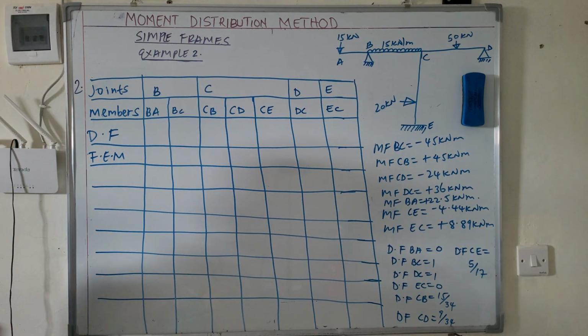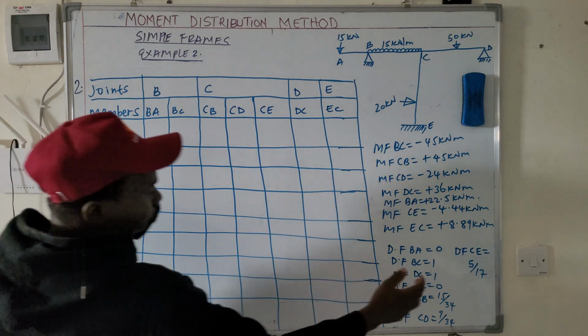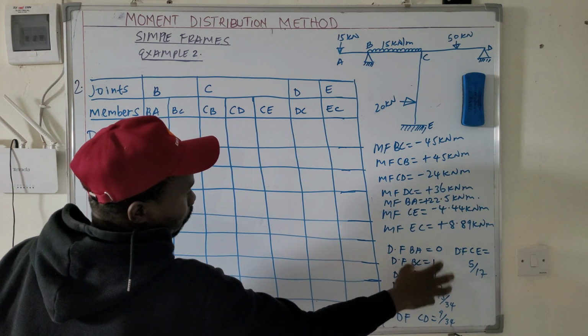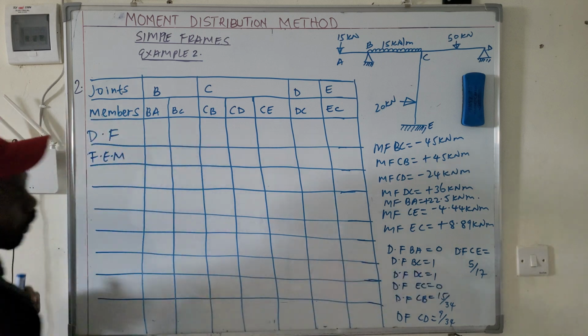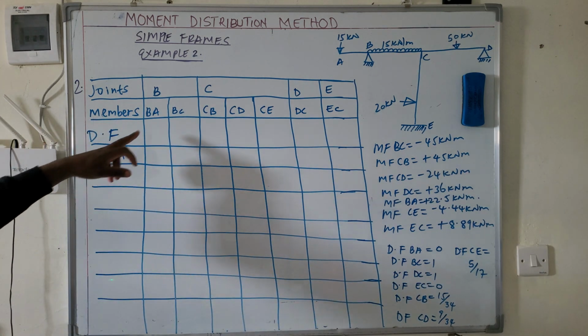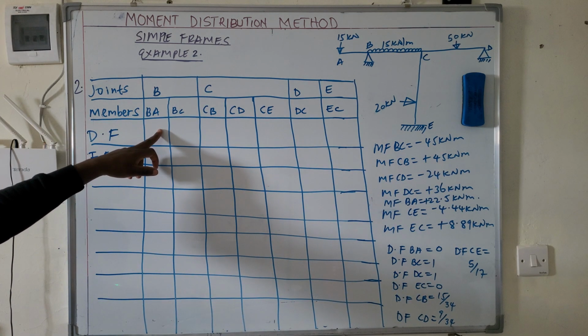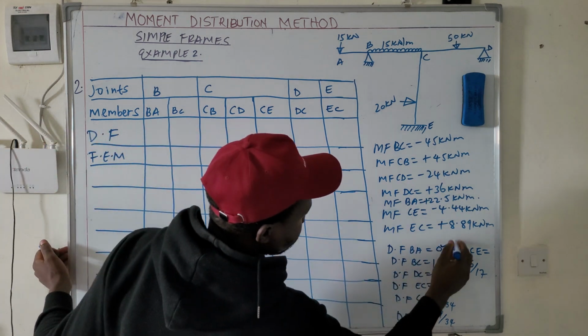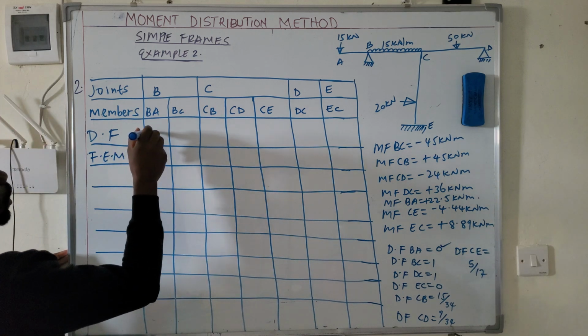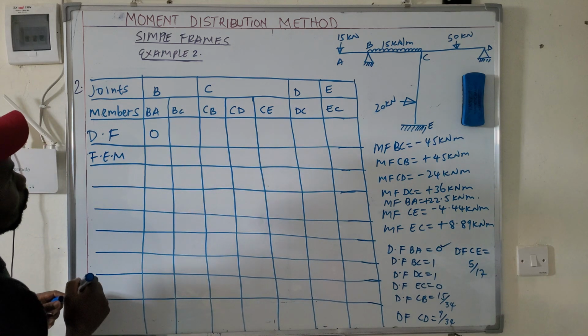After that, we come to distribution factors. Already we calculated our distribution factors, and they are on our board, as you can see. Distribution factor BA is 0, write it there, 0.